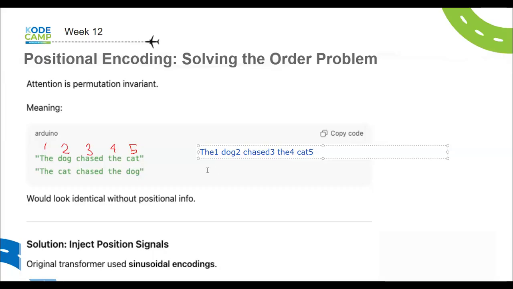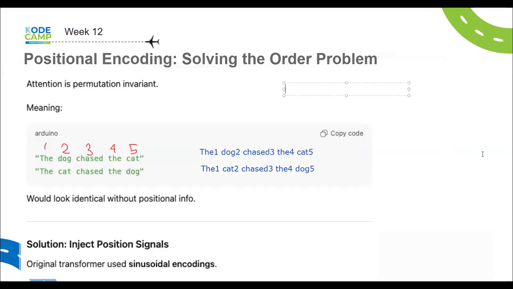So if we now swap the words, this one will now be the 1, cat 2, chased 3, the 4, dog 5. So in a way, it has now disambiguated that this dog here in position 2, its meaning has slightly changed.